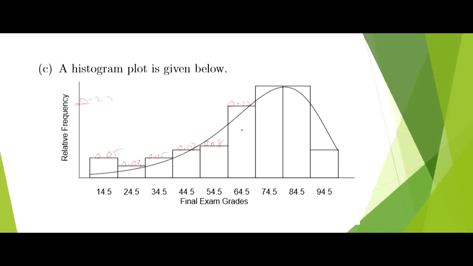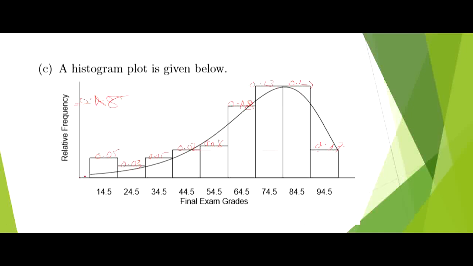Now this is 0.18, and then 0.23, 0.23, and here you will find 0.07. All rectangles are showing the relative frequency as the height.